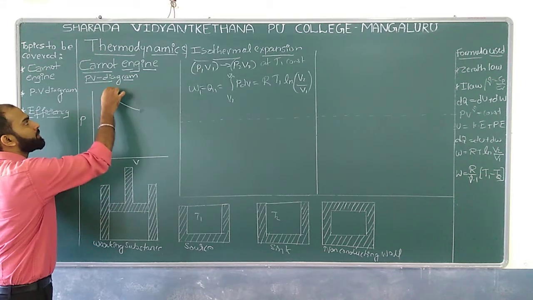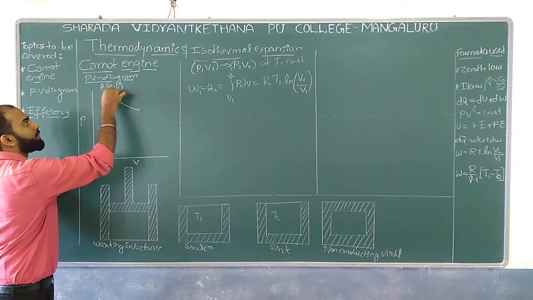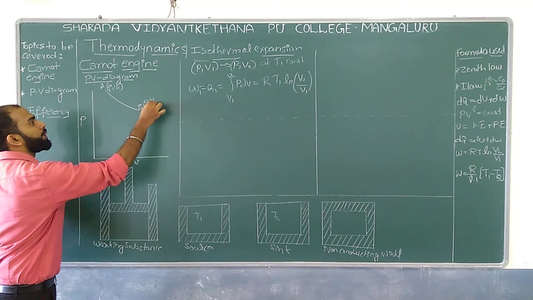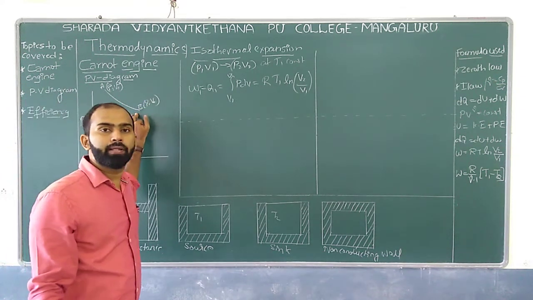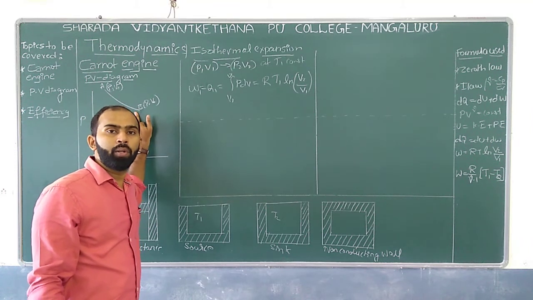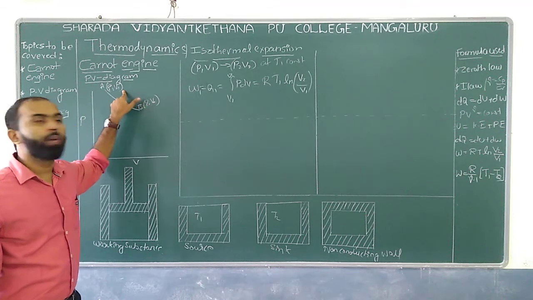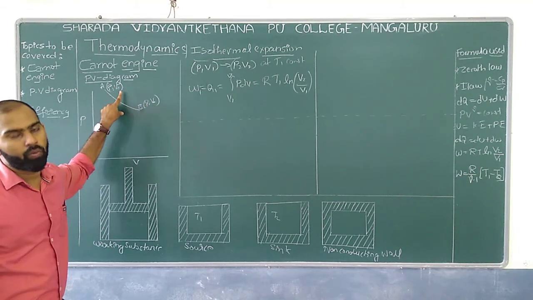It starts with point A, that is P1 V1, to point B, that is P2 V2. This is where we can expect the pressure and volume to move from P1 to P2 and V1 to V2 with the constant temperature T1 over here.